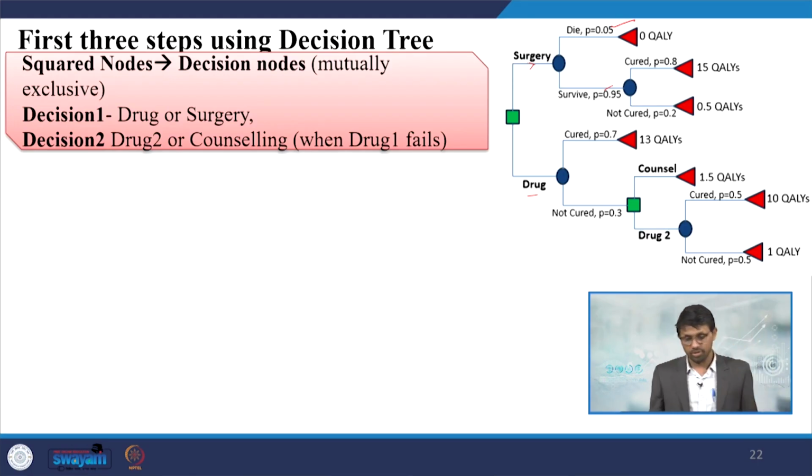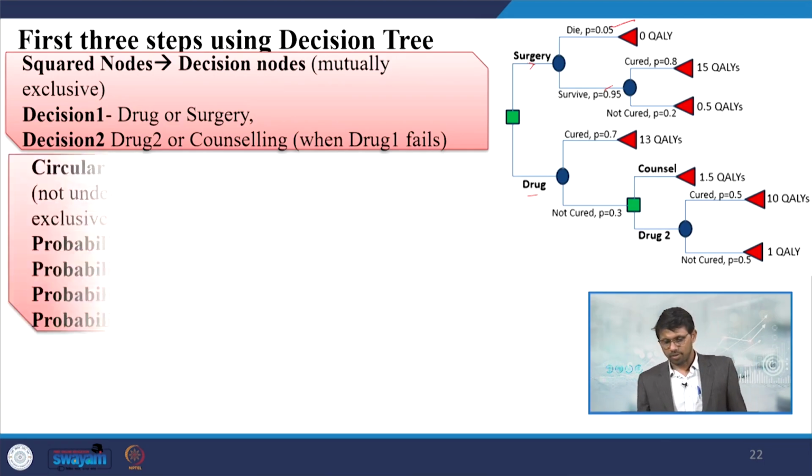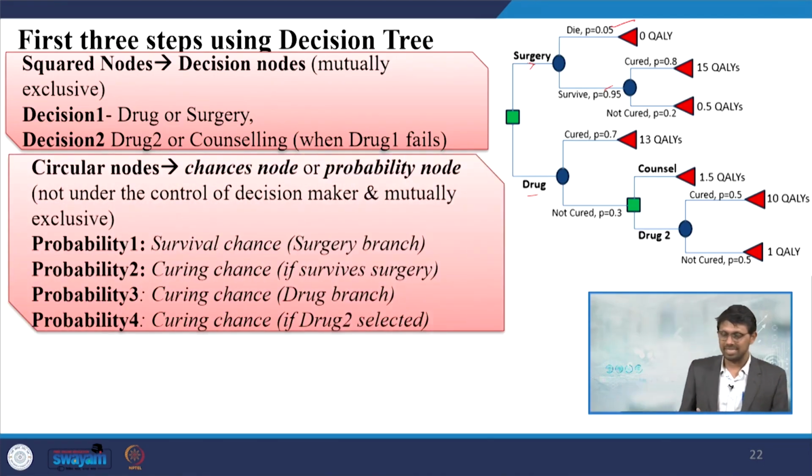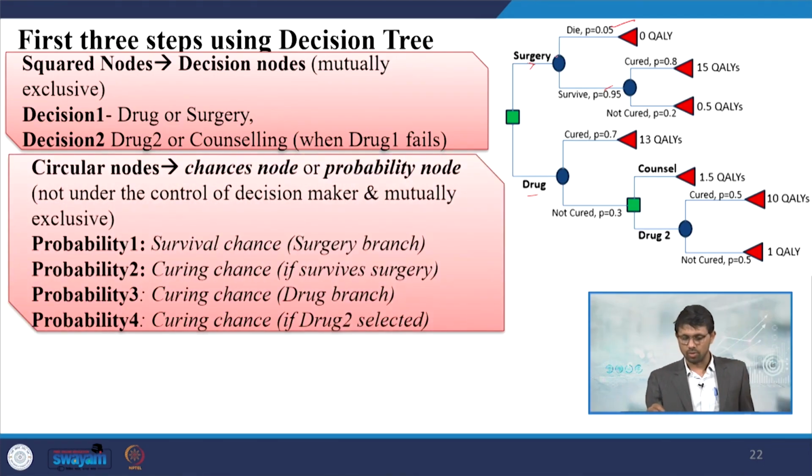In decision 2, if it is drug, then again whether the person takes a counseling method when the drug fails, or drug 2. Circular nodes are the chance nodes or the probability nodes, not under the control of the decision maker, and they are also mutually exclusive.